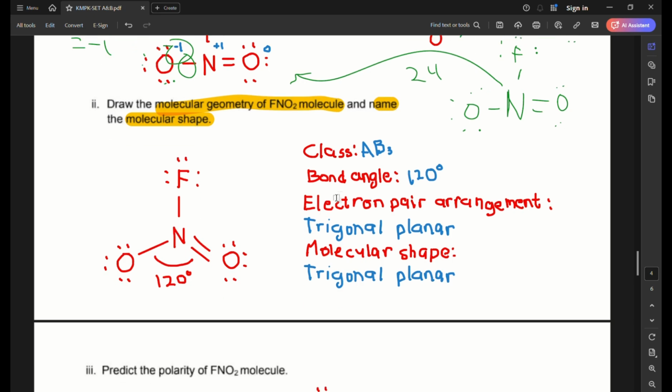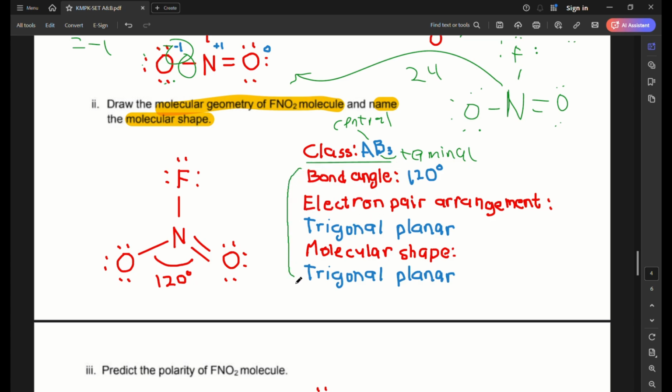How to determine the class is by looking at this: A is the central atom, and B is the terminal. The central atom, which is N, has 1, so A is 1. The terminals are B, and there are 1, 2, 3 terminals, so that means AB3. So the class is AB3.